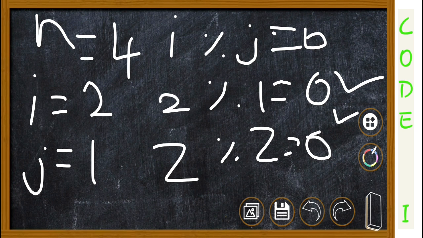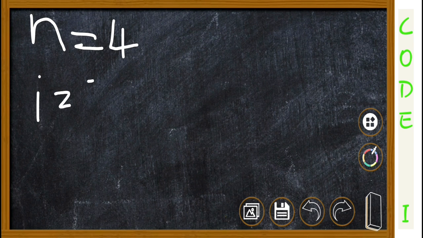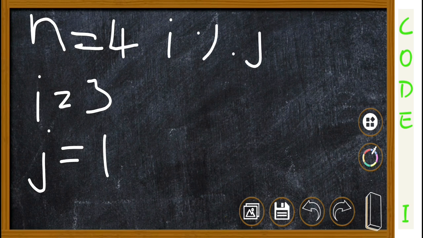So let's check for the number 3 because we have to check up to 4. Now i becomes 3, j starts from 1, condition i mod of j equals to 0.